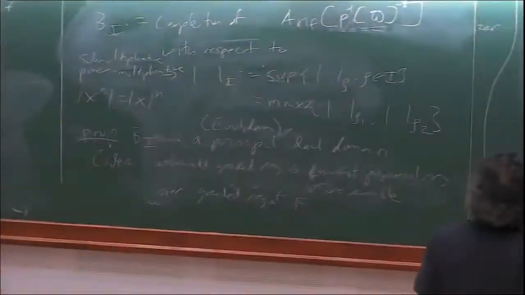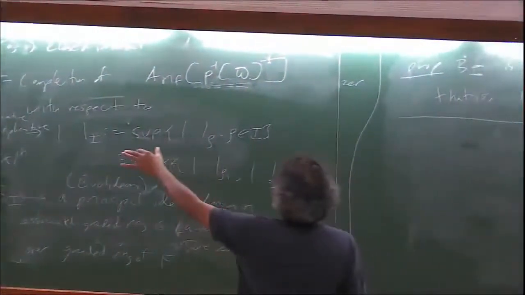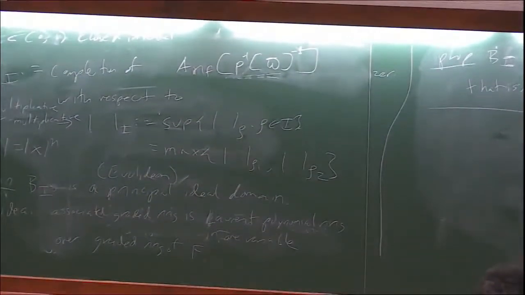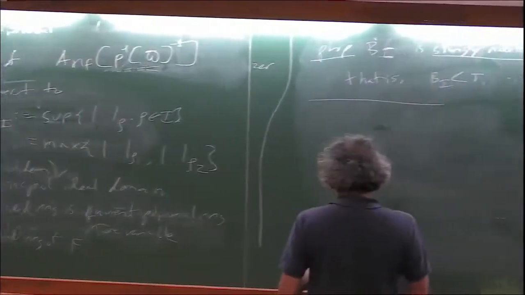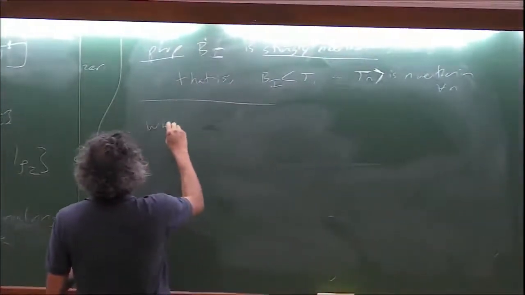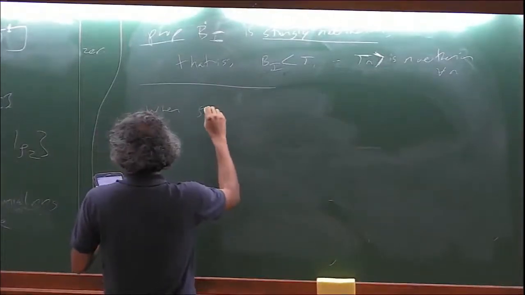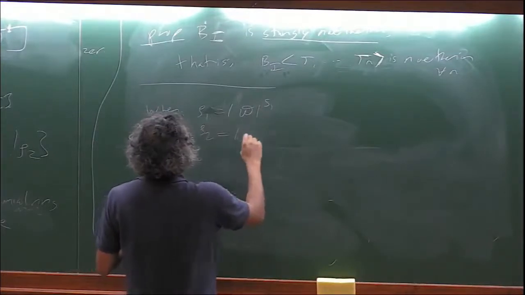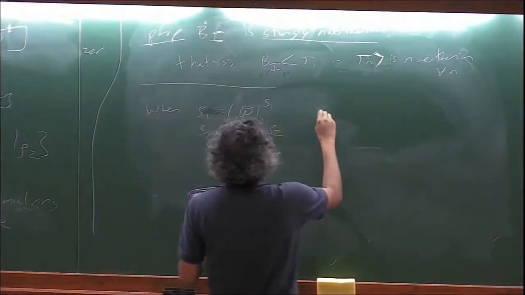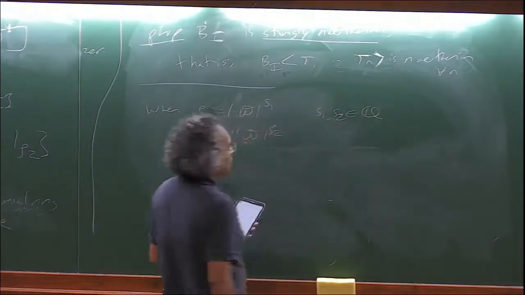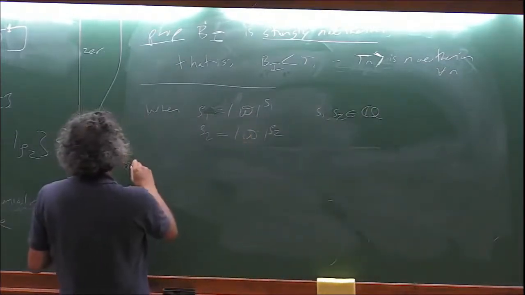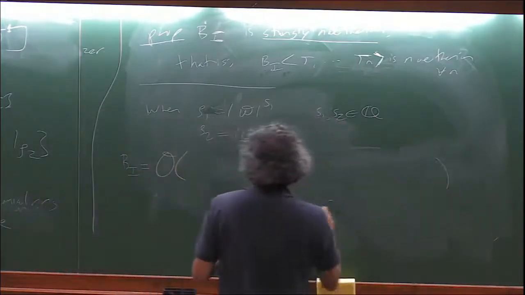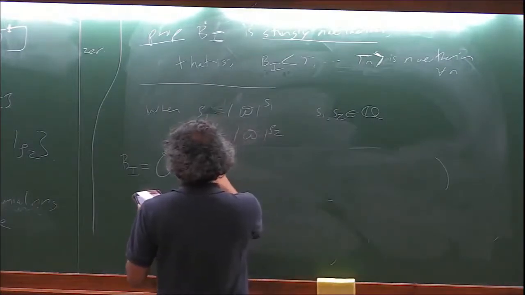Okay, so now, the point is, what does this have to do with the Fargues-Fontaine curve? Well, let me just align these things. When rho 1 and rho 2 are rational powers of the norm of the uniformizer, then B is the structure presheaf evaluated on one of these open sets that I was considering.